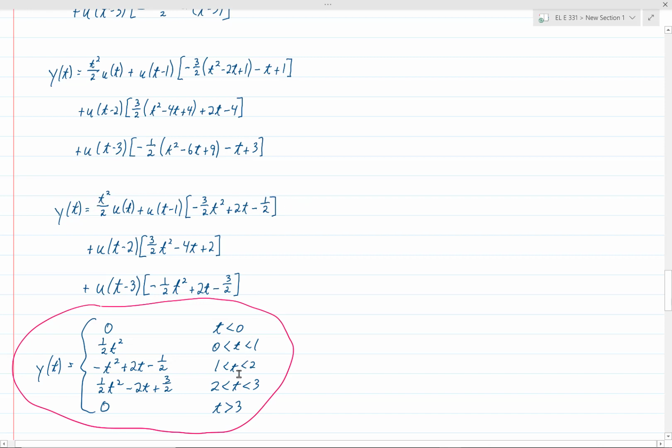Because if t is greater than 1, this is certainly on, and now this one is on as well. But since t is still less than 2, the last two terms will not have turned on yet. So we just have to include these terms. So we get a t squared over 2 minus 3/2 t squared. That's how we get the minus t squared here. And then we also have plus 2t minus 1/2. That's the expression when t is between 1 and 2.